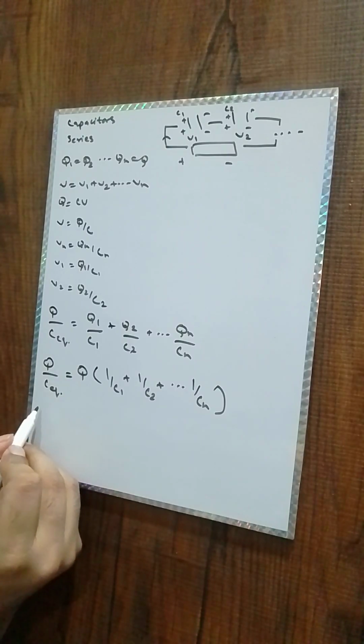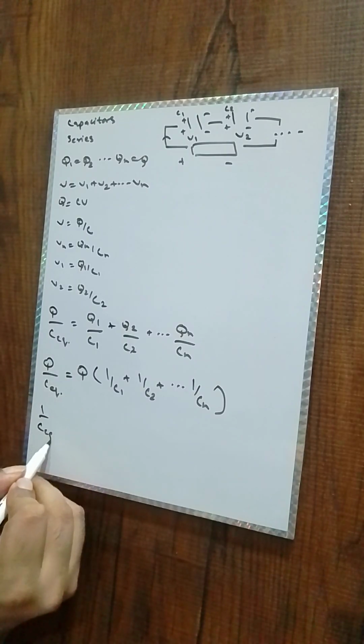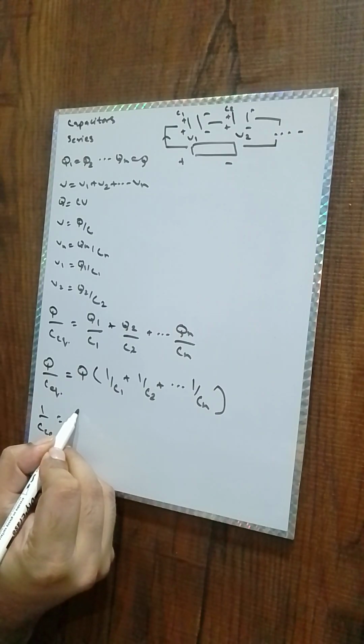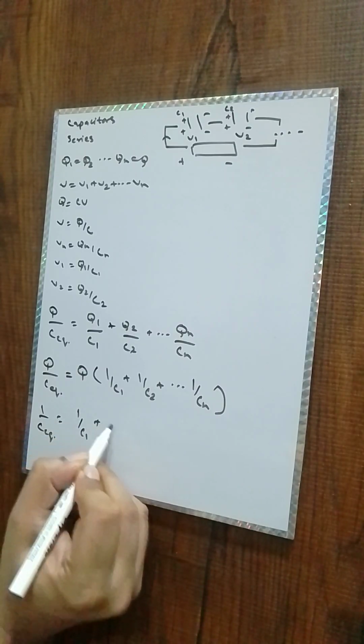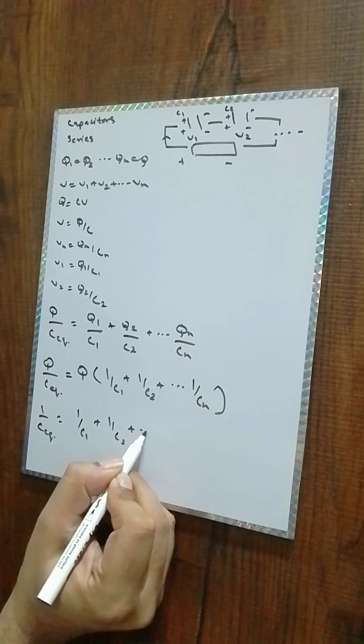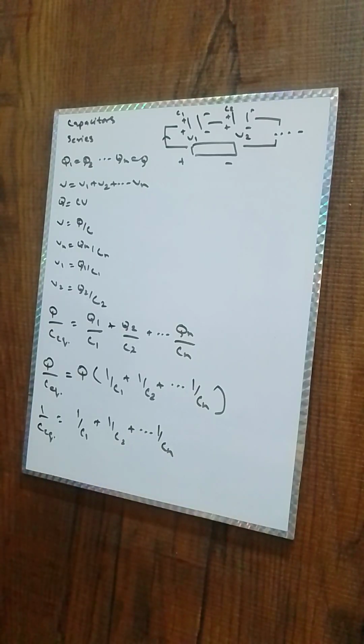Q cancels out on each side of the equation, so C equivalent is equal to the sum of 1 by C1 plus 1 by C2 plus up to 1 by Cn, and I hope it is legitimate. It's very much the general form for the capacitors in series.